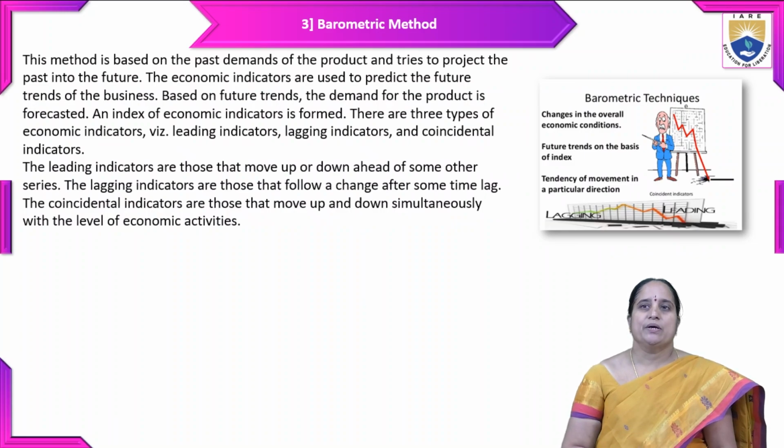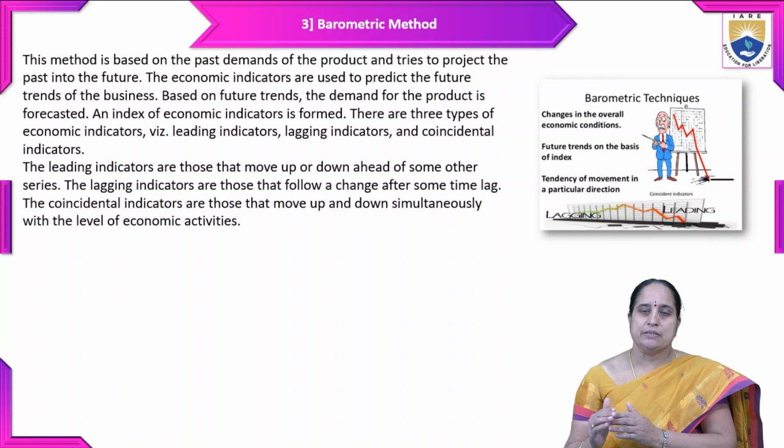The third one is the barometric method. This method is based on the past demands of the product and tries to project the past into the future. Whatever they had experienced in the past, the same they are going to use to predict the future. The economic indicators are used to predict the future trends of the business.